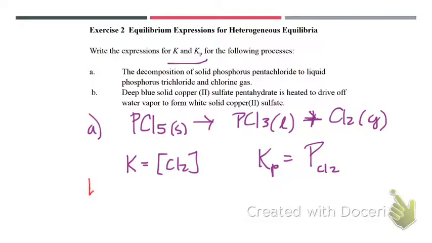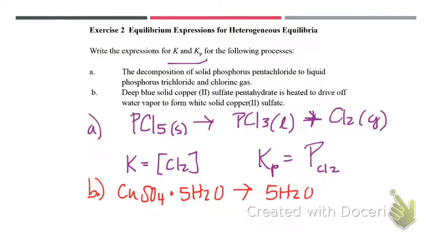And then B is copper 2 sulfate pentahydrate, which means 5 waters are attached. It's just going to decompose into 5 water, and it says water vapor, so that's a gas, plus the solid CuSO4.